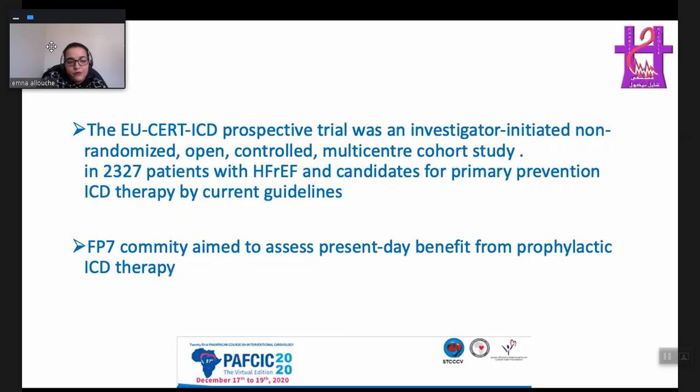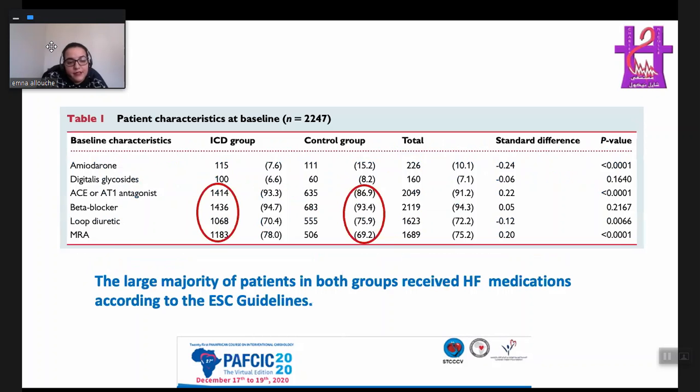and the European Committee made this study, the EU-CERT-ICD prospective trial, which was an investigator-initiated, non-randomized, open-controlled, multi-center cohort study. A randomized trial is not possible to do because it was judged unethical, and this committee aimed to assess present-day benefit from prophylactic ICD therapy.